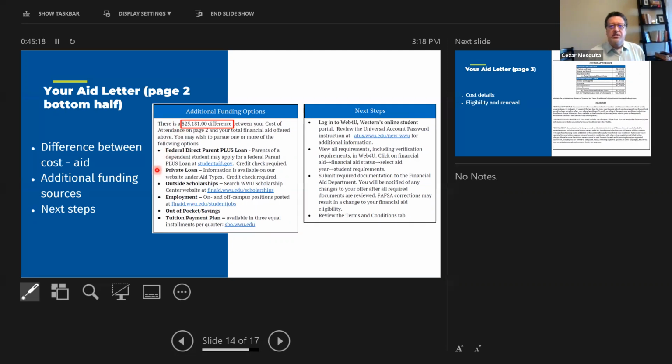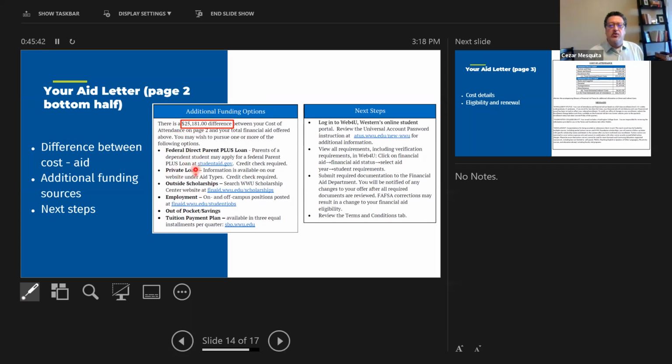And here you can see the listing of 6 additional ideas of resources, and some of them will resonate with you, right? Investments such as tuition payment plan, out-of-pocket savings, job and employment, outside scholarships, and private loans. So this is the one that oftentimes families want to know. What is the balance? What is the difference? What is my net cost? And that is listed right there at the bottom of page 2.